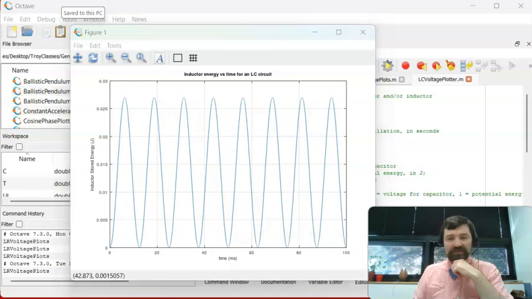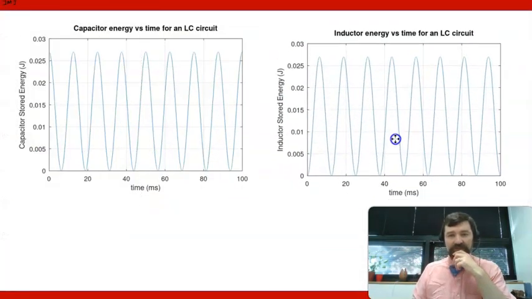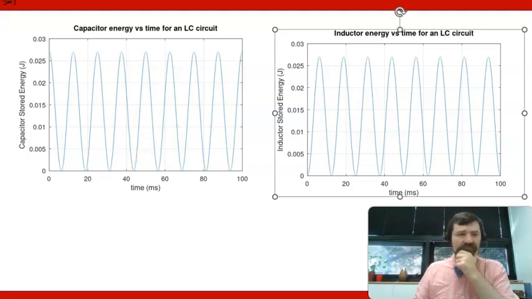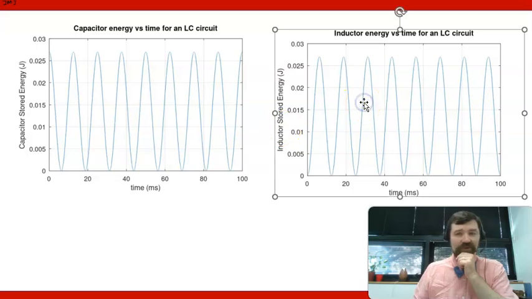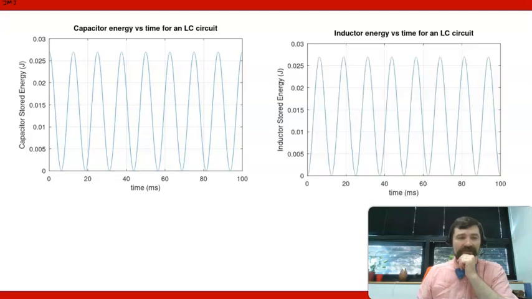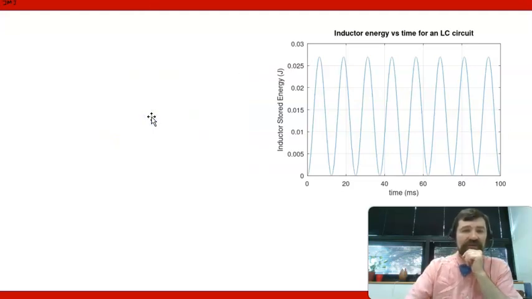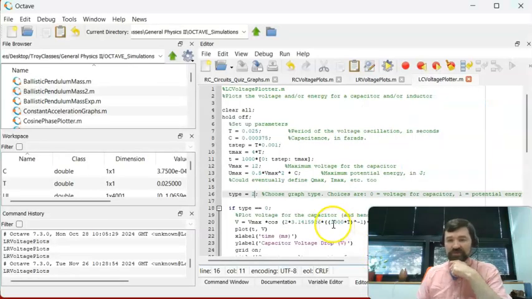Let's copy that over side by side, and then let's also have one that shows the charge from the capacitor, and let's also maybe have one that shows the current on the inductor side by side with the energy of the inductor.